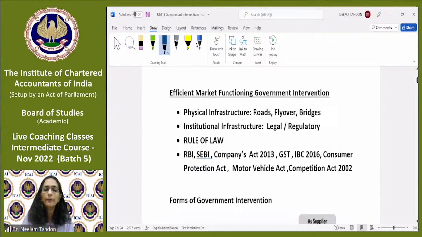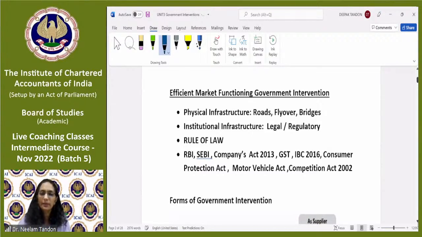Institutional infrastructure, so the legal framework. We have laws, judges, lawyers, property law, other laws, criminal law, then civil law. You have all these laws in place and the regulatory bodies. You have SEBI, Securities Exchange Board of India. You have Reserve Bank of India. We have Companies Act 2013.